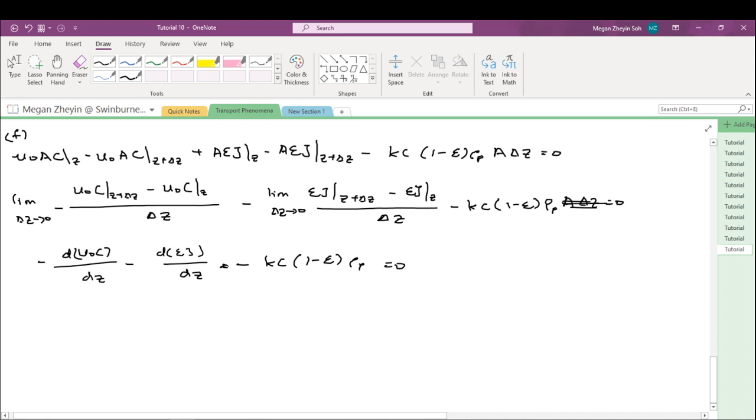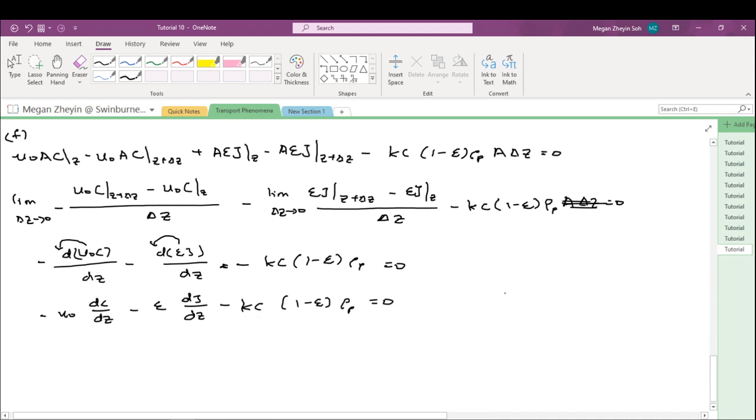Then we take out the constant. We take epsilon out because it is not a function of z, which gives us negative U dC/dz minus epsilon dJ/dz minus Kc (1 minus epsilon) rho P equals 0.